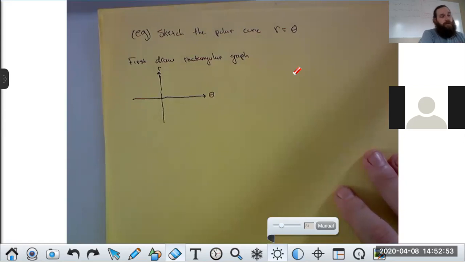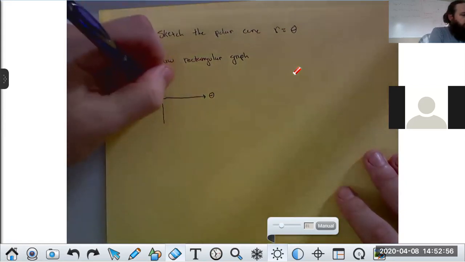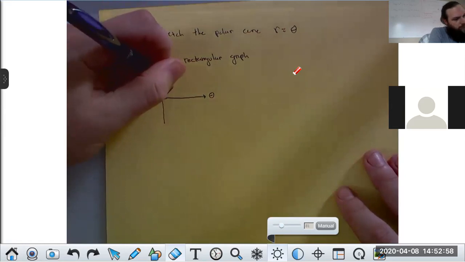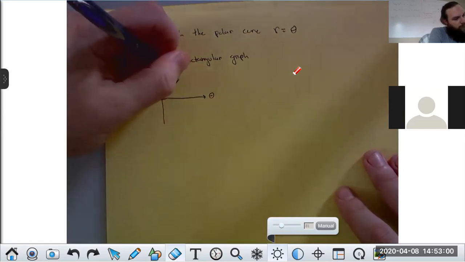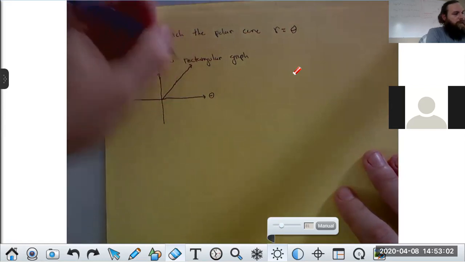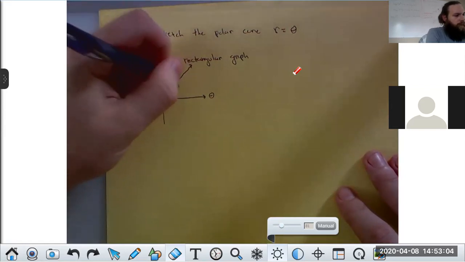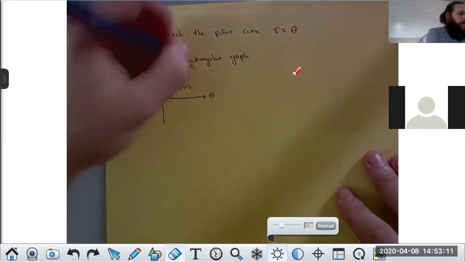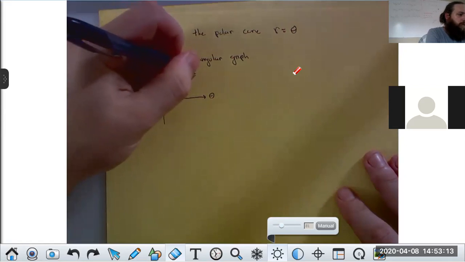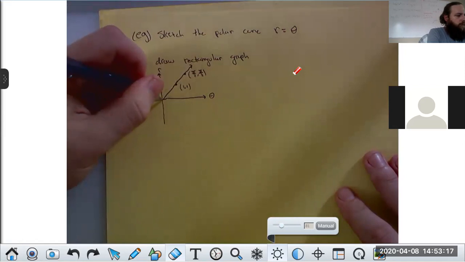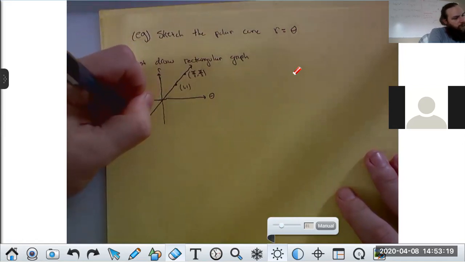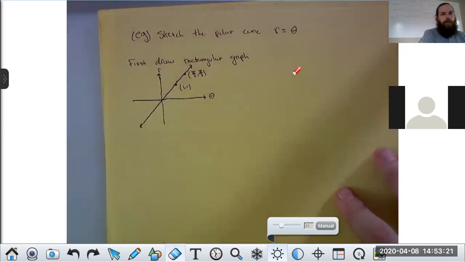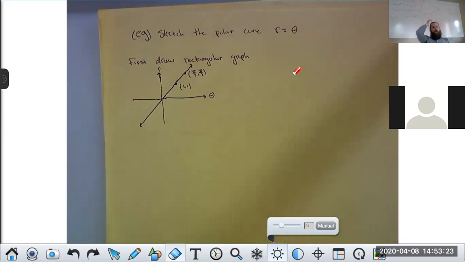It's a line. So this point right here might be 1, 1. This point right here might be pi over 2, pi over 2. And of course, over here, it would extend in the same way. So this is the rectangular graph.